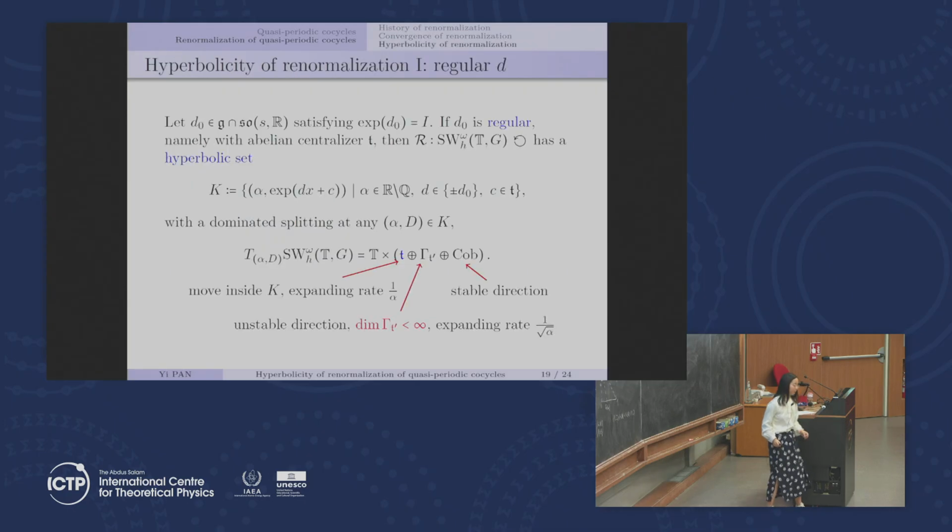And then if we may not be in the neighborhood of a constant, what can we tell? If you are working with this alpha exponential dx plus c as the limit of renormalization, what type of hyperbolicity may we get?